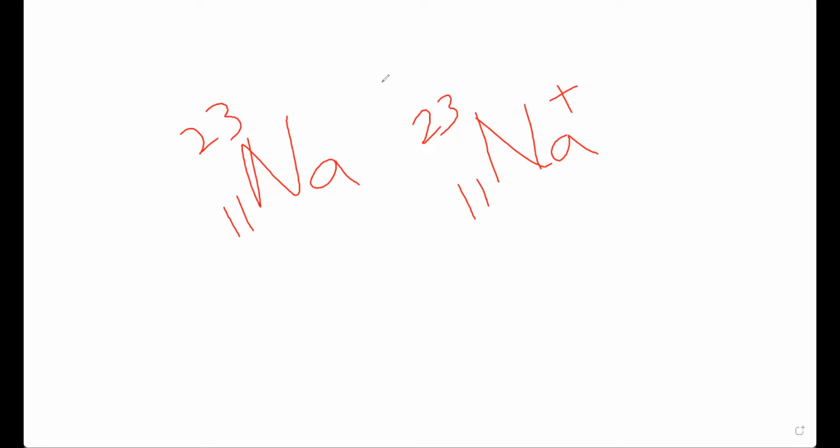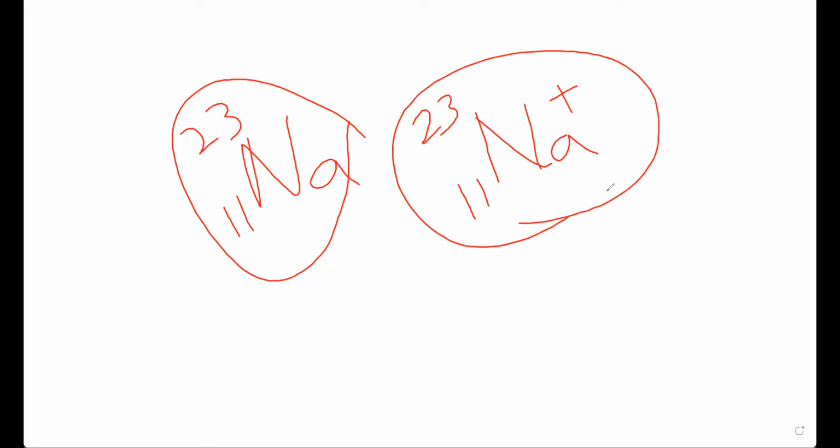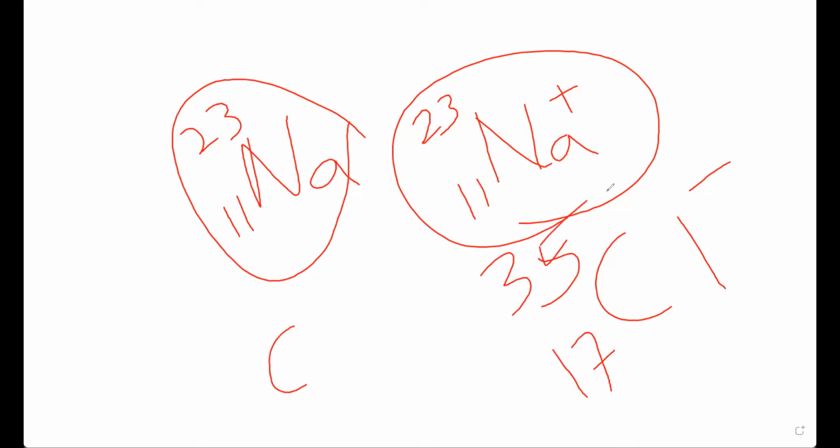So this one is neutral and this one is charged ion. There is a positive symbol. Yeah, positive symbol. Right, there can be negative symbol also. Cl minus, Cl 17, 35, and Cl 17, 35.